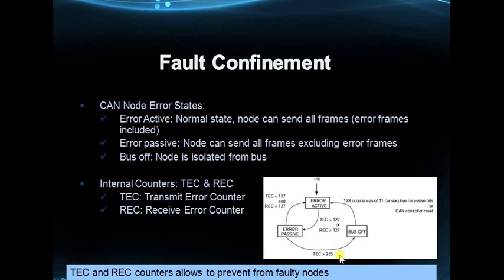This can happen, for example, because of a loose connection in the CAN lines, which may increment the transmit error count. If it crosses 255, that node switches off from the network, so there is no communication. It will not send any frame further, but it will keep on listening to the bus.